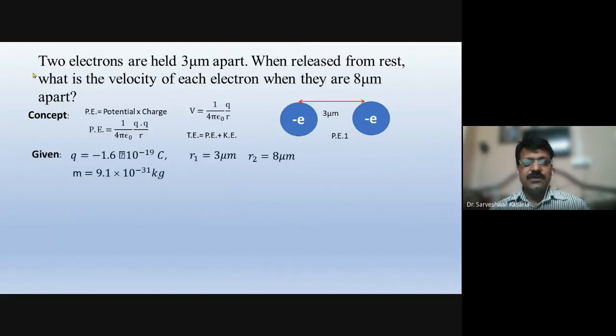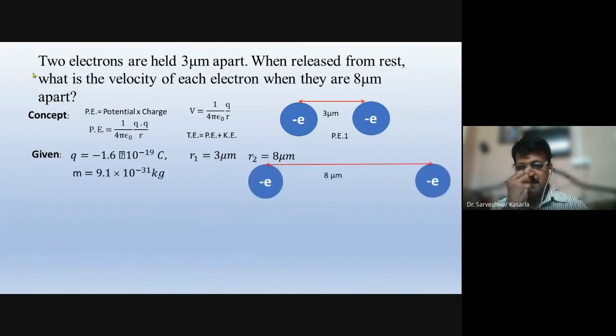Now what is given? Charge is given, the first distance is given, the second distance is given, r1, r2. M is the mass of the electron, that is 9.1 into 10 to the power minus 31 kg. Here in the second situation the electrons are repelling each other, therefore they are moving away from each other. So they will have velocity in opposite directions.